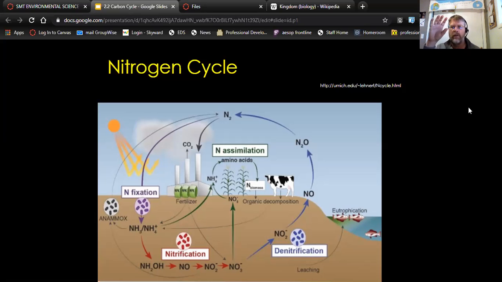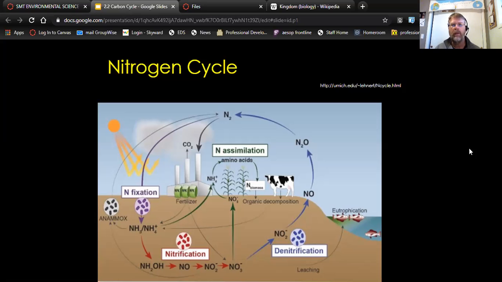And then if the plant dies or the cow dies, some of that nitrogen can go back into the soil as nitrates and ammonia, and more plants can grow. Sometimes we'll look at things like chicken poop, and we'll see that as a great source for fertilizer to help plants grow because it has a lot of these ingredients in it.